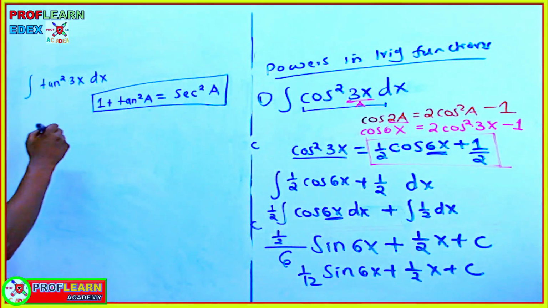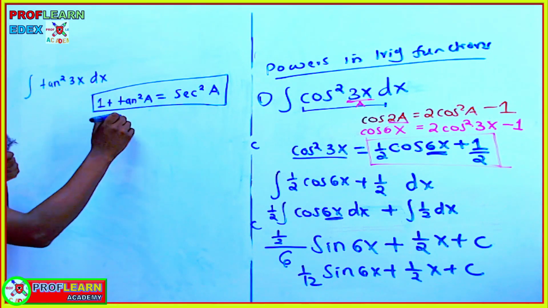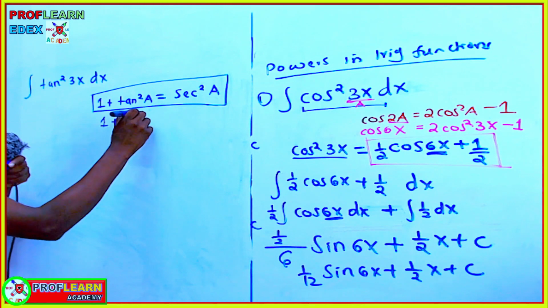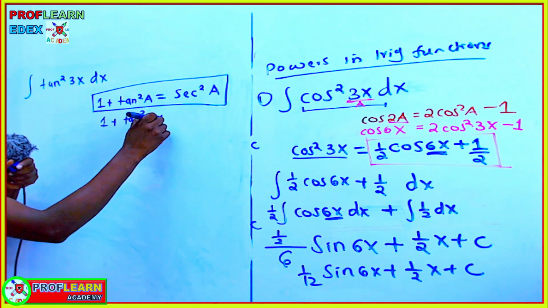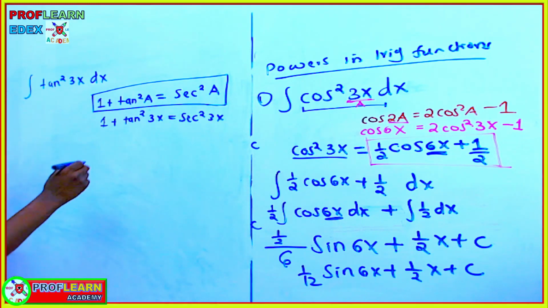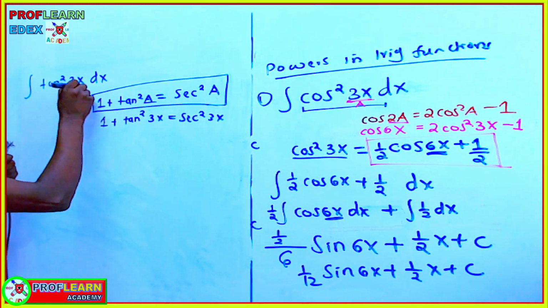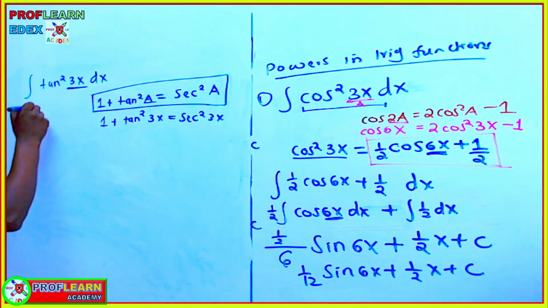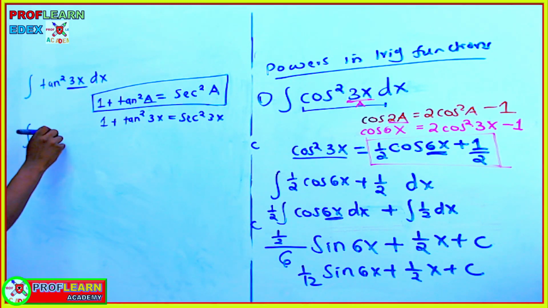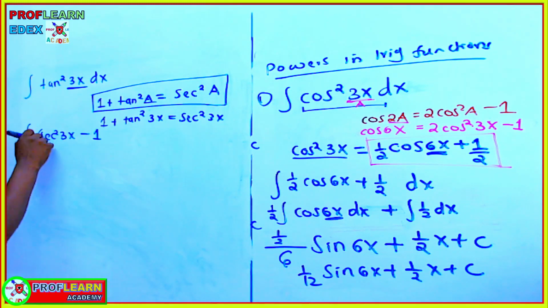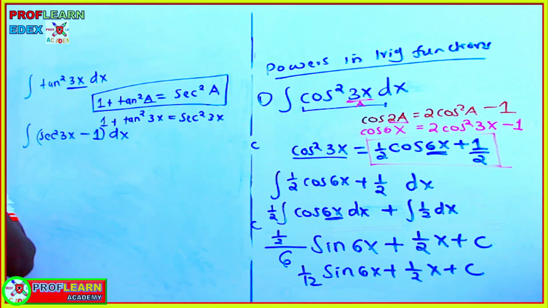So we can now say 1 plus tan squared 3x is equal to sec squared 3x, because our A is this particular part. So this term can be written as the integral of sec squared 3x minus 1 with respect to x.